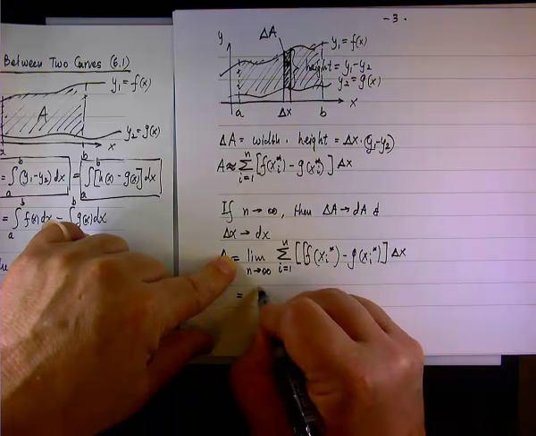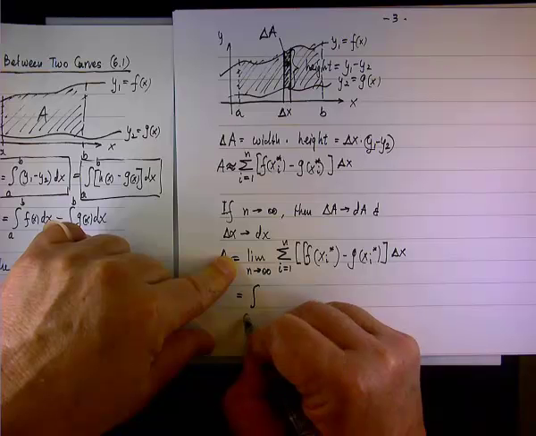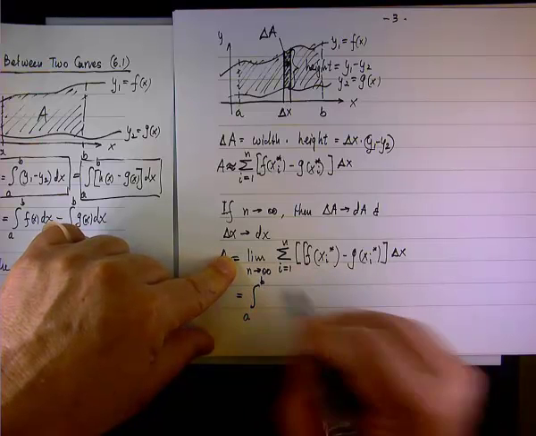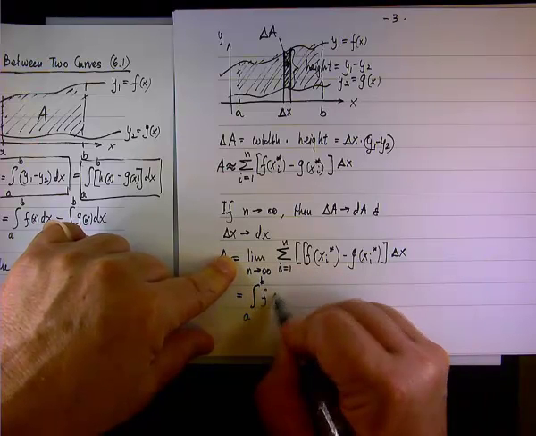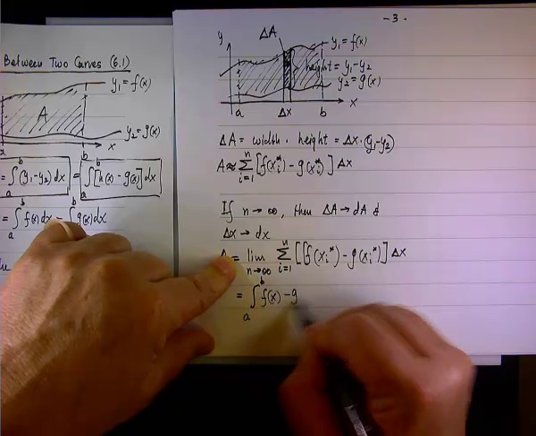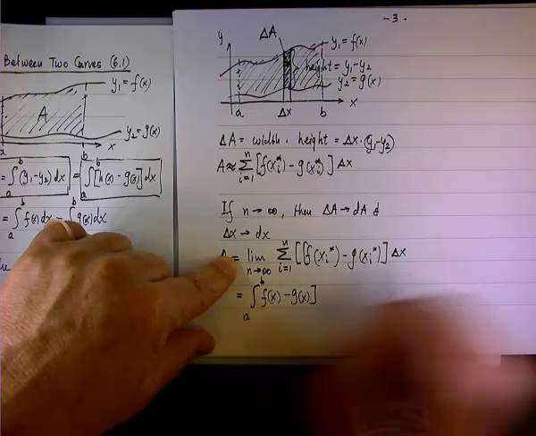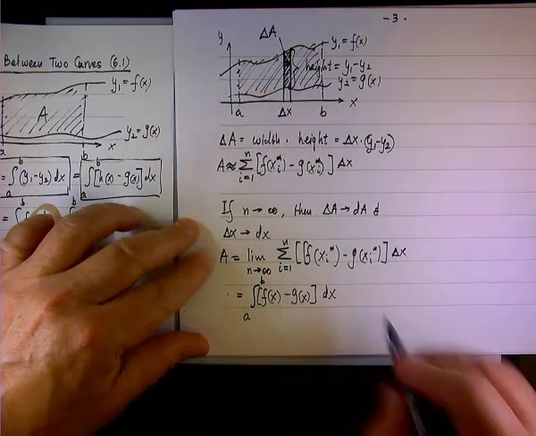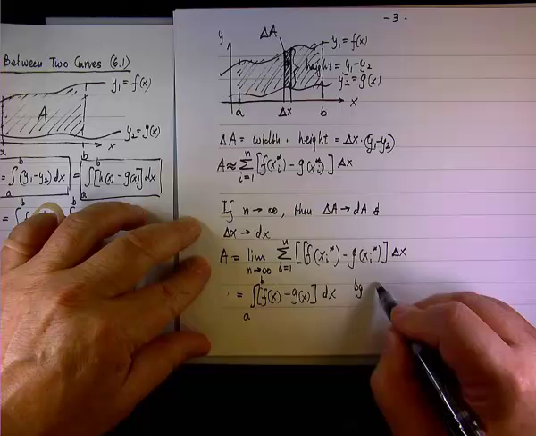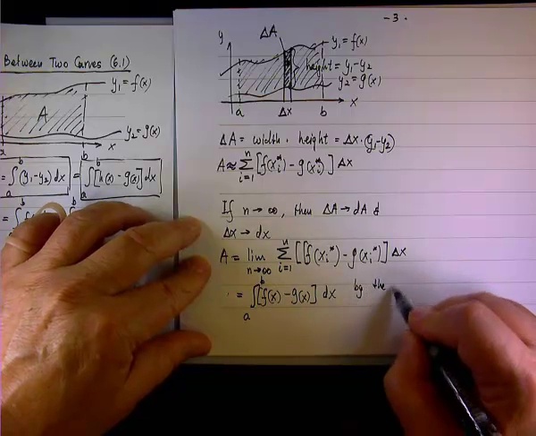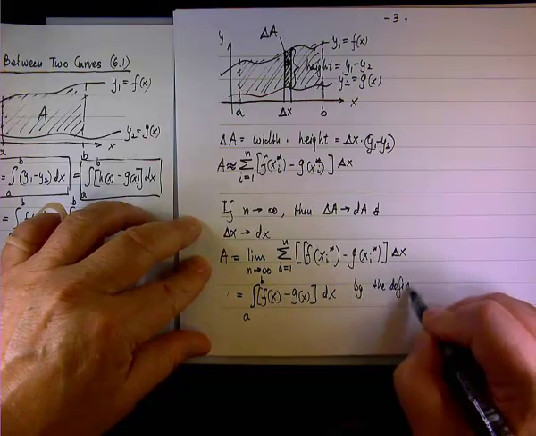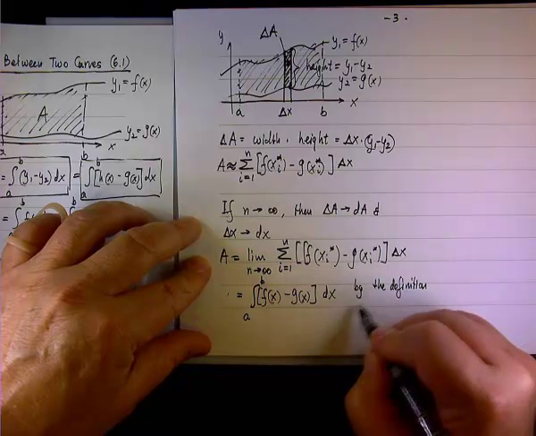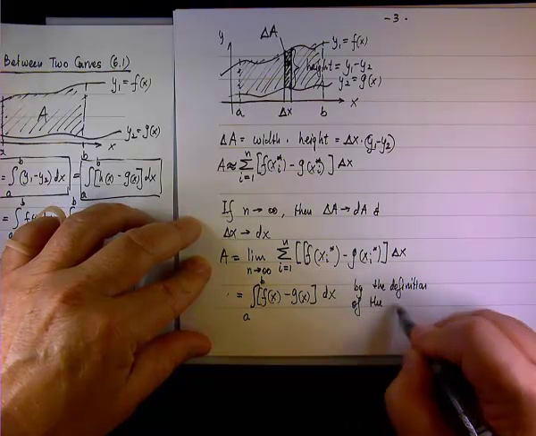We're going to say this is the definite integral from a to b of f of x minus g of x, and now delta x becomes dx, by the definition of the definite integral.